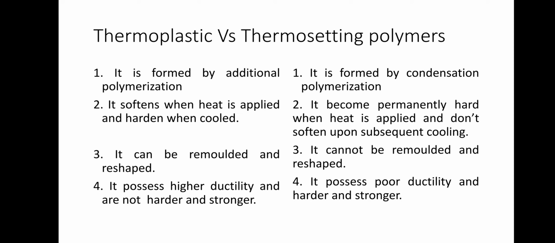Thermoplastic polymers can be remolded and reshaped, whereas thermosetting polymers cannot. Thermoplastic polymers possess higher ductility and are not as hard and strong, whereas thermosetting polymers possess poor ductility but are stronger and harder.